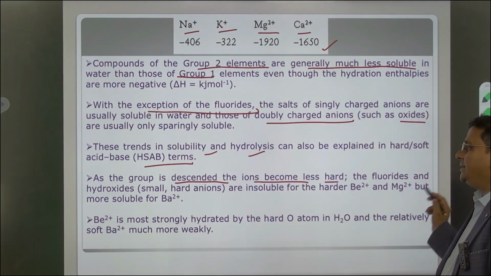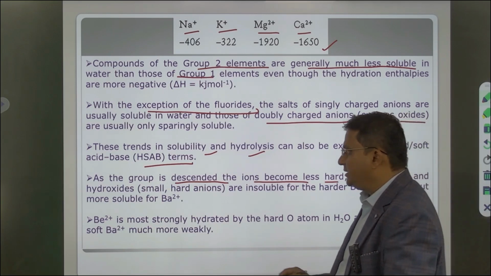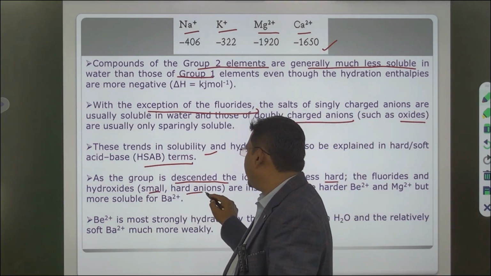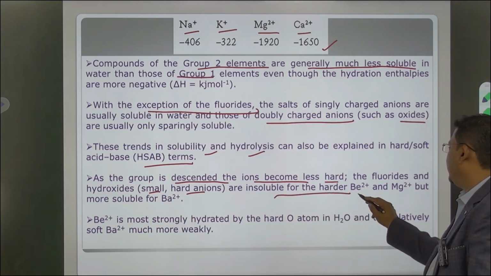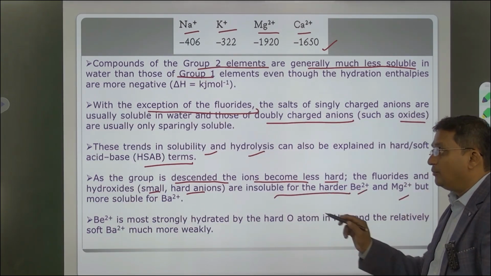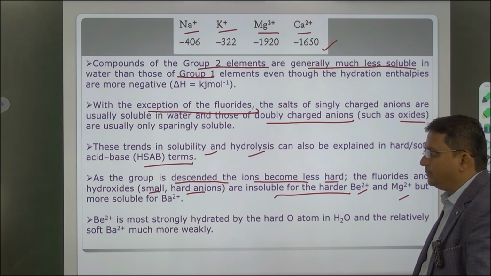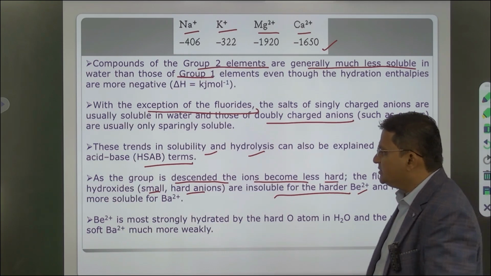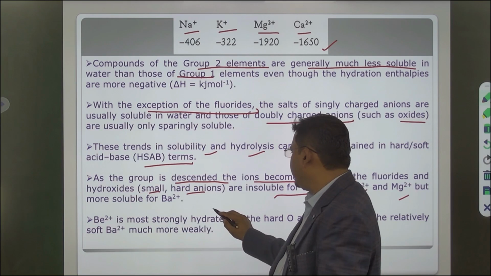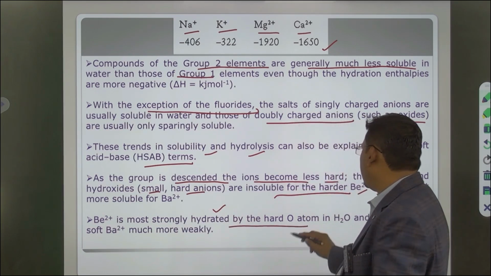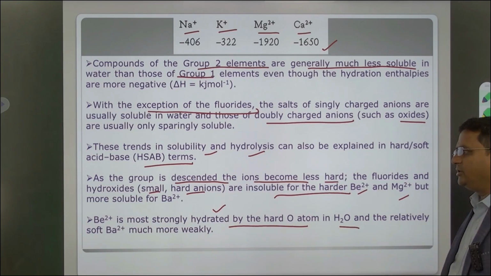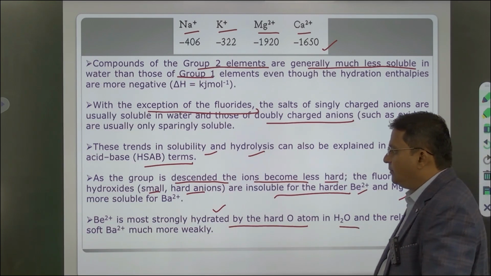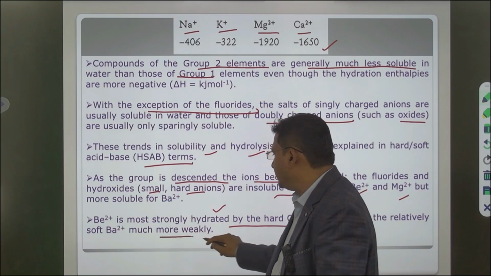The fluoride and the hydroxide, small hard ions, are insoluble for the harder beryllium and magnesium, but more soluble for the heavier elements. Beryllium is most strongly hydrated by the hard oxygen in H2O, and the relatively soft heavier ions much more weakly.